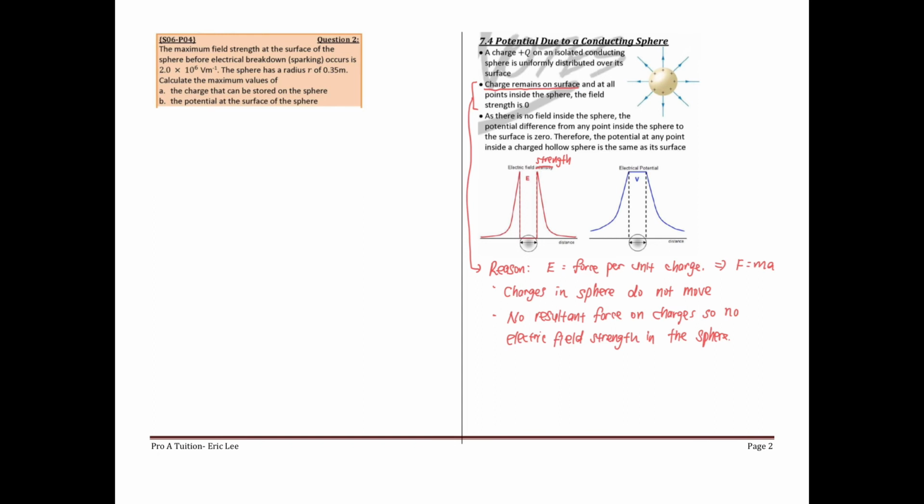So why is there no electric field inside the sphere? Because the charge is not moving. It remains on the surface. Okay, now let's see the next point. They said, as there is no field inside the sphere, the potential difference from any point inside the sphere to the surface is 0.